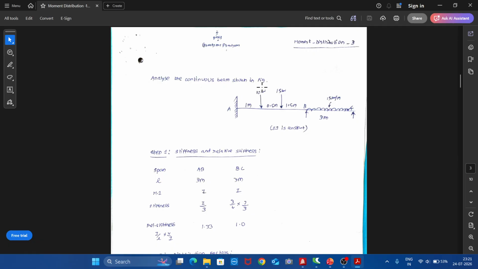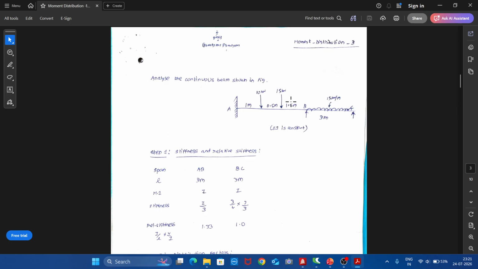So M of AB will be minus W1 A1 B1 squared by L squared minus W2 A2 B2 squared by L squared. M of BA will be plus W1 A1 squared B1 by L squared plus W2 A2 squared B2 by L squared.